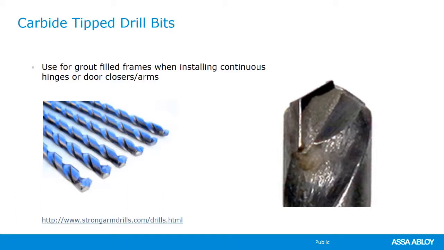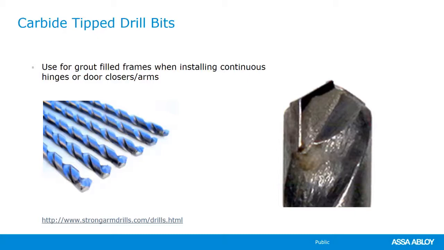Carbide tipped drill bits are perfect for relieving a hole in a grout-filled frame, or if you have a mineral core door that you have to install hardware on, that as well is going to eat up a drill bit. So it doesn't matter if you've got a high speed, a black oxide, or a cobalt bit.